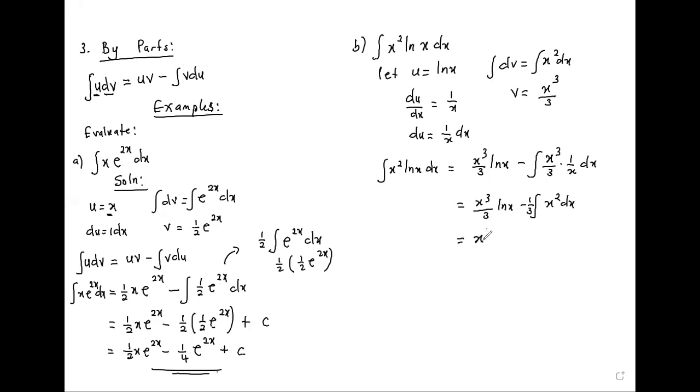This comes out to be x cubed over 3 ln x minus x cubed over 9 plus c, because when you integrate x squared and there's a 3 outside in the denominator, we're going to have 1 over 3 times x cubed over 3, which is x cubed over 9.